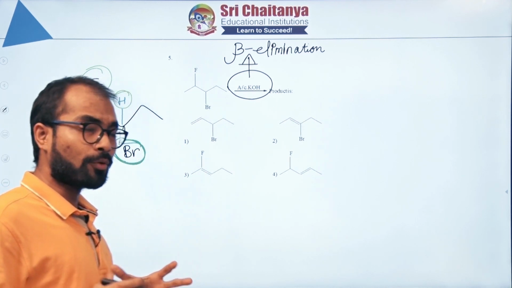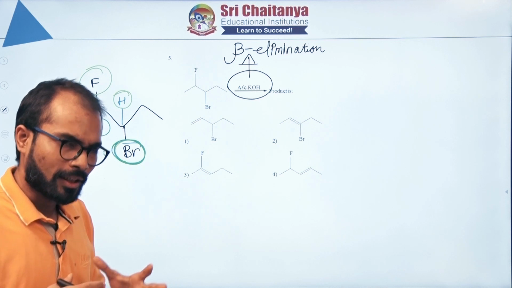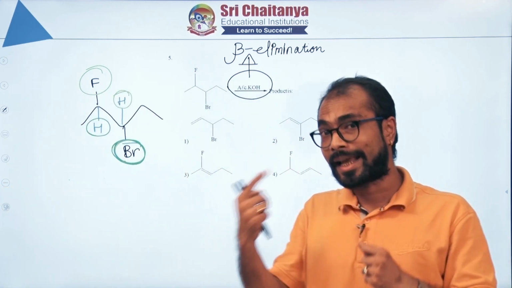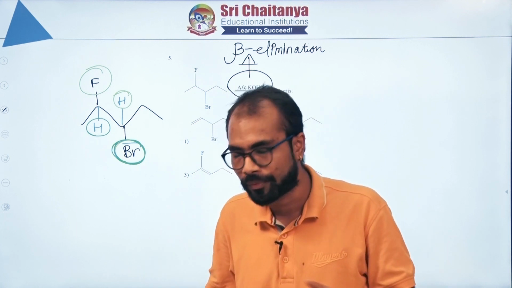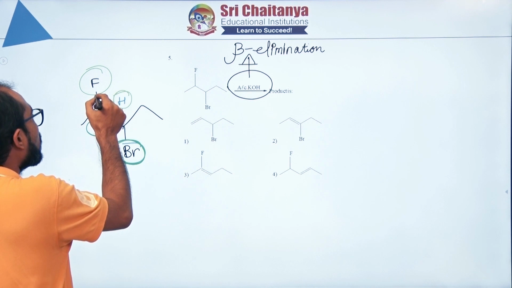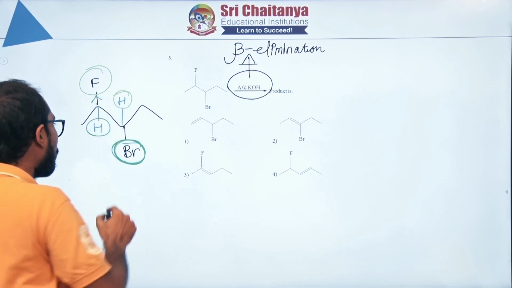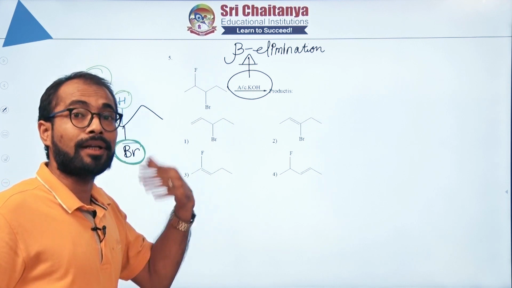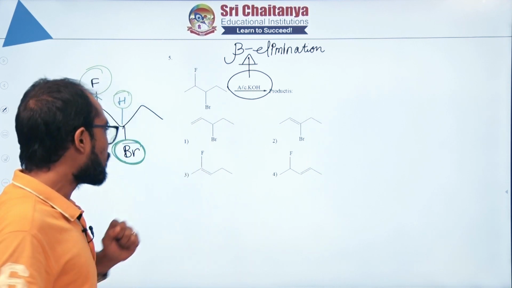Now the question is which hydrogen is more acidic out of the two that I have shown here, and second, who is the better leaving group. Now if you go for the electron withdrawing nature, the electron withdrawing nature of fluorine is more, so therefore this hydrogen will be more acidic, and at the same time bromine is a better leaving group, right? Bromine is a better leaving group.